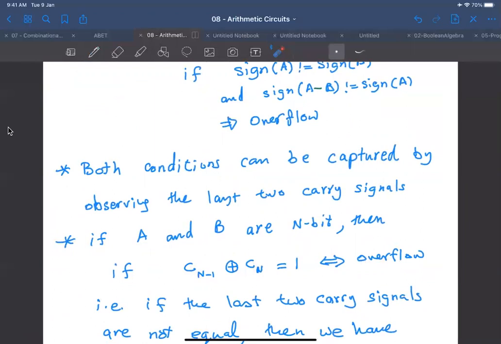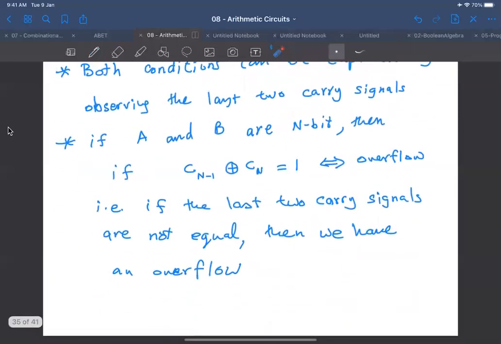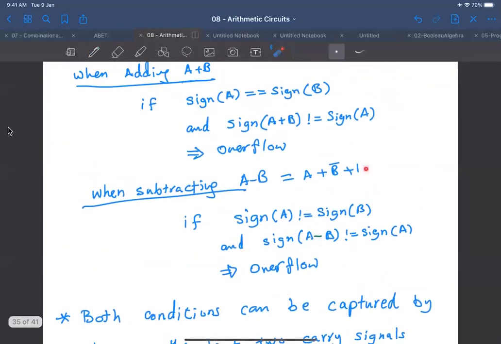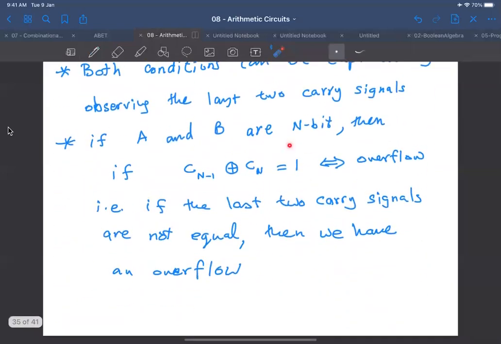Otherwise, we don't have an overflow. You can prove this yourself, but we don't have time to do that. You can base it on these two definitions and then imply this fact here.